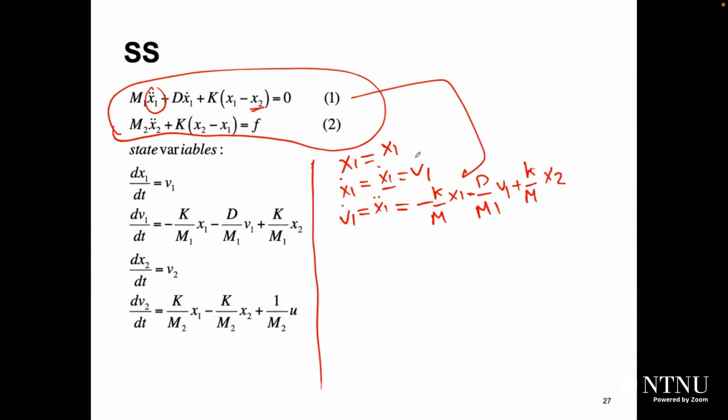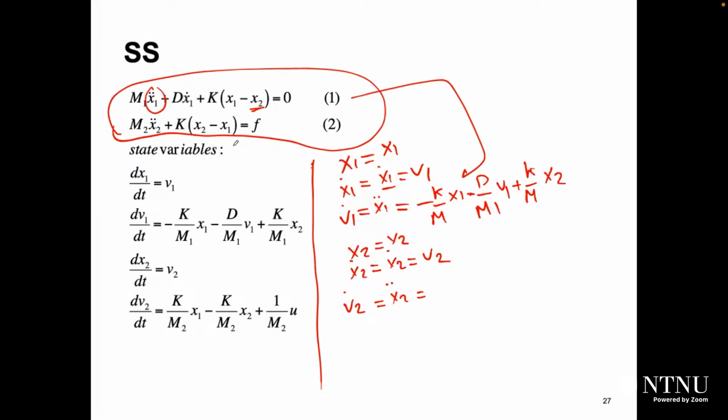We go to the second equation. I need to select another state: x2, and x2 dot equals v2. Then v2 dot equals x2 double dot, which we substitute from the equation, taking the parts to the other side.